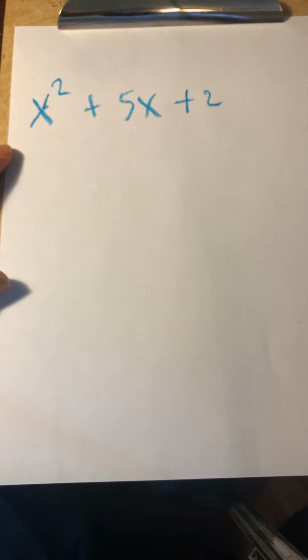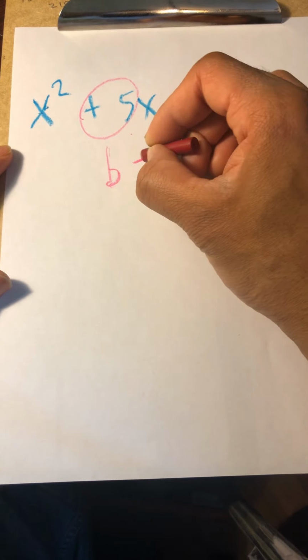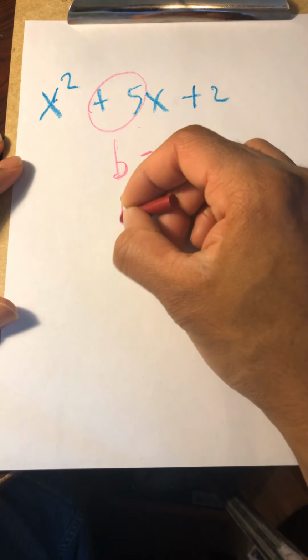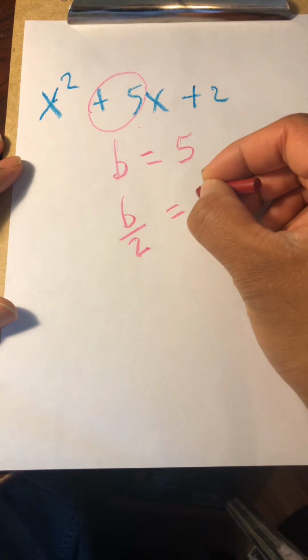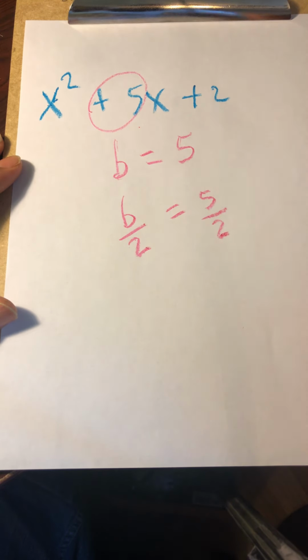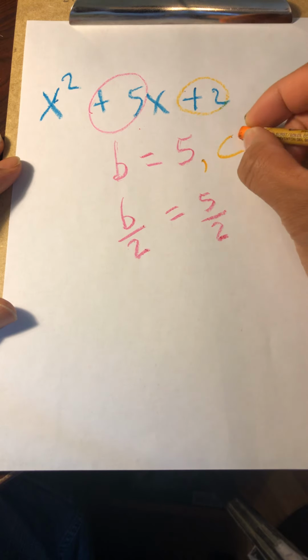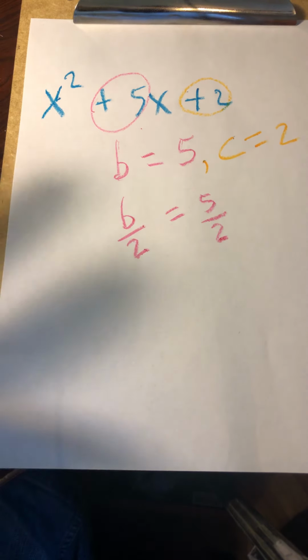Well, you need to note that b is equal to 5, which means b over 2 is equal to 5 over 2. And also c is equal to 2. All right, so we got everything we need now.